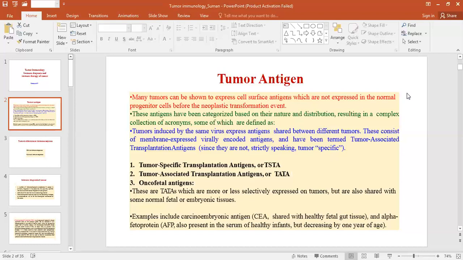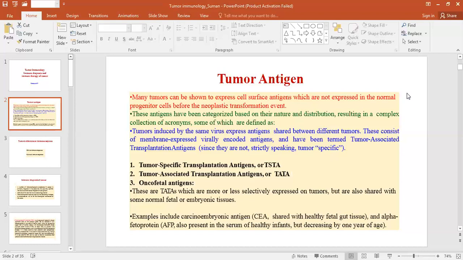Various physical and chemical carcinogens cause malignancies by inducing mutation in key genes involved in modulating cell growth. One of the proto-oncogenes, that is RAS, including the P21 RAS protein and other related gene products, are an example of this tumor specific antigen.